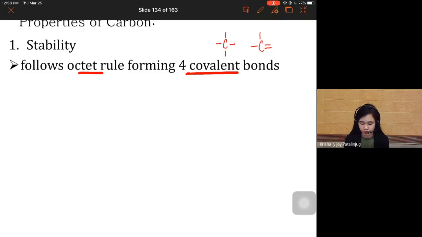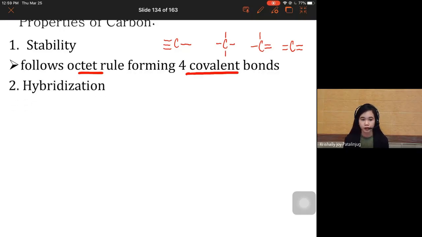Or the central carbon may carry 2 double bonds, still 4 covalent bonds, or it may carry 1 triple bond and a single bond. So a total of 4 covalent bonds. That is the most stable number of bonds surrounding a carbon element. That makes it stable. So that's the first property of carbon.